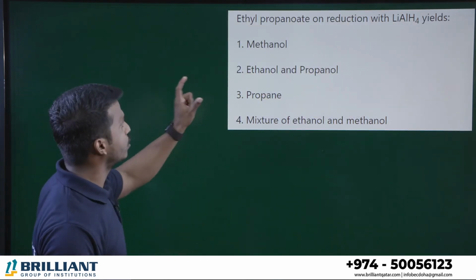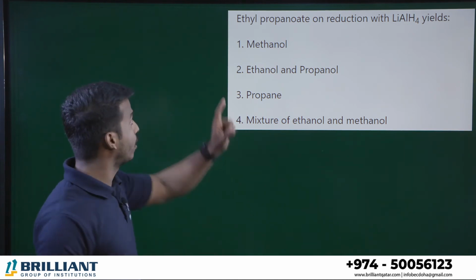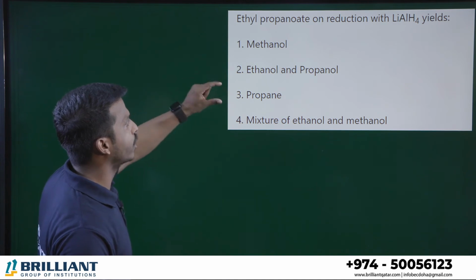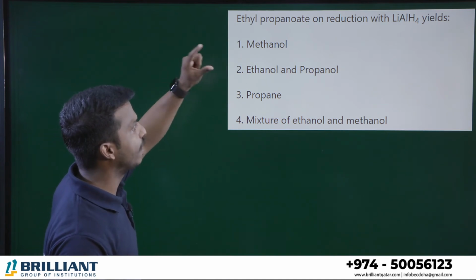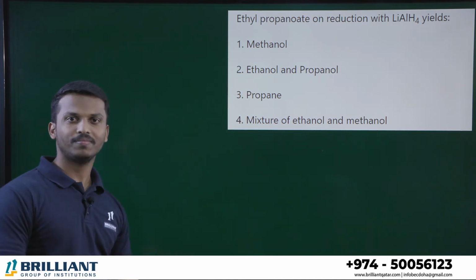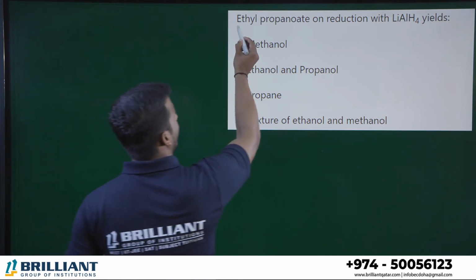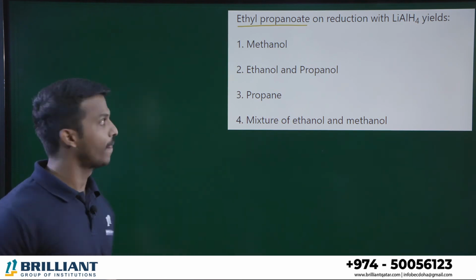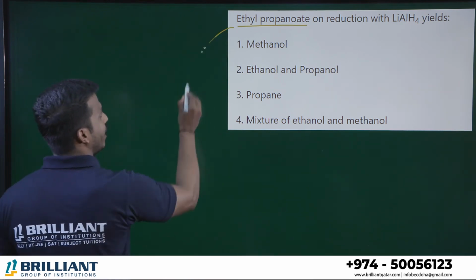The same type of question we discussed in part 1 video. Ethyl propanoate on reduction with lithium aluminium hydride gives what? What is the compound ethyl propanoate? It is an ester. How to draw the structure of ethyl propanoate?